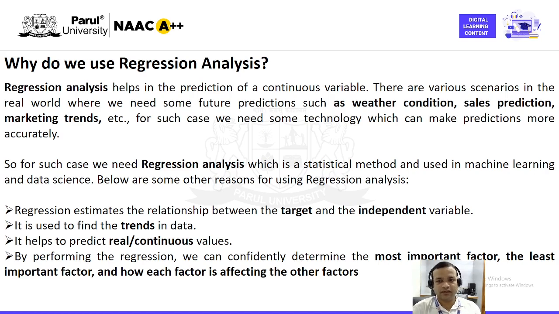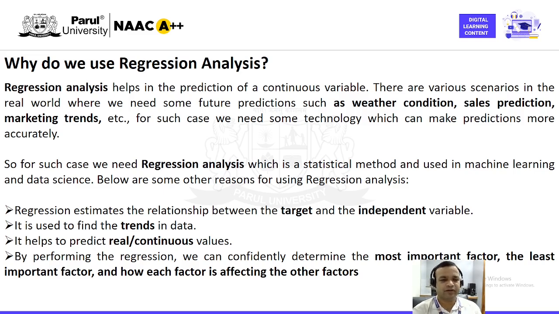There are various scenarios in the real world where we need some future prediction, such as weather condition, sales prediction, marketing trends, etc. For such cases, we need some technology where we can predict more accurately. We already discussed the example of weather condition.